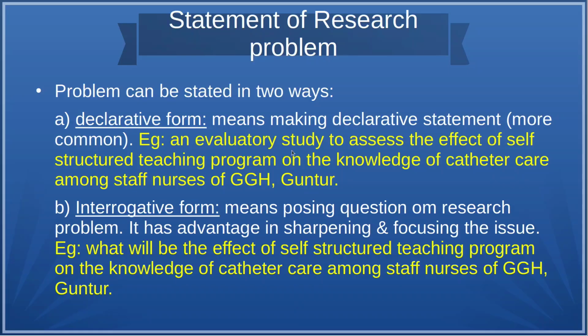You take a topic and prepare lesson plans, which is called a structured teaching program, prepared by yourself, about any topic, on the knowledge of catheter care among staff nurses. Here you are checking whether, after taking a class on catheter care, the knowledge of nurses improves or not, in GGH Guntur.